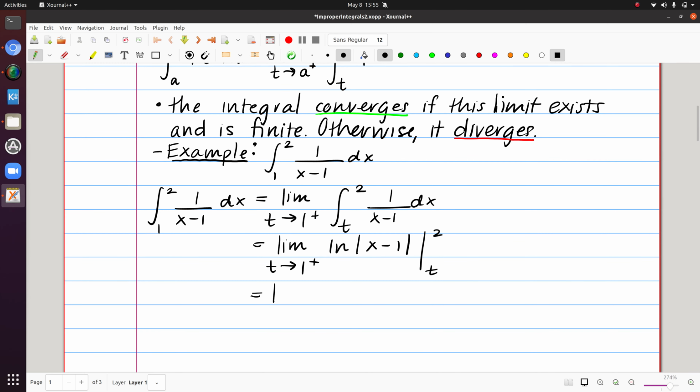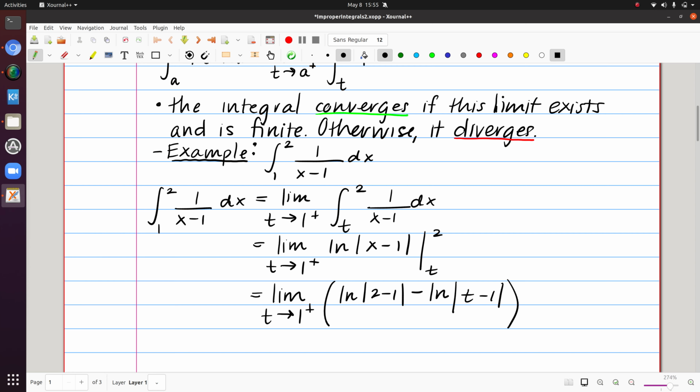So we save the limit for the very last step. And so here we have the natural log of the absolute value of 2 minus 1 minus the natural log of the absolute value of t minus 1. And we're going to send t to 1 from the right.